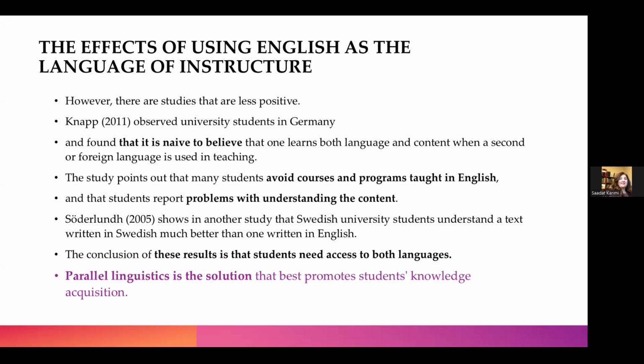Söderlund shows in another study that Swedish university students understand a text written in Swedish much better than one written in English. The conclusion of these results is that students need access to both languages.